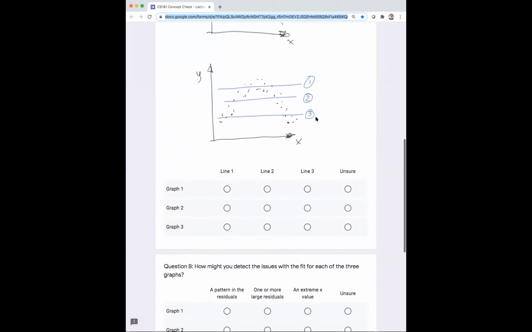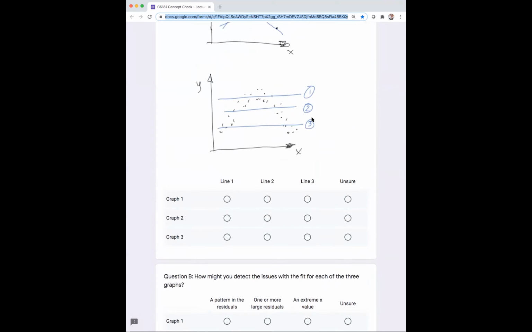So for this one, I wonder if one of you wanted to raise your hand and say which of those 3 explanations would be a good answer. Akash, please. For the graph with what looks like a parabolic curve, it might be better to see if there's a pattern in the residuals, because it looks like there's a nonlinear trend.